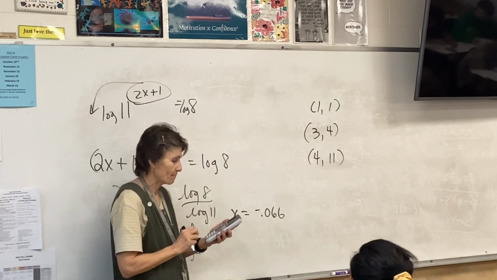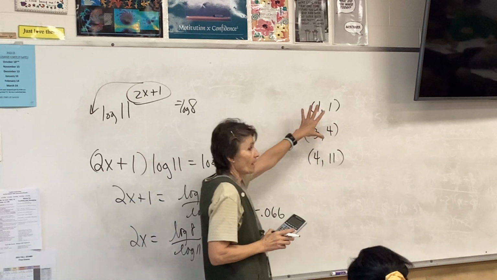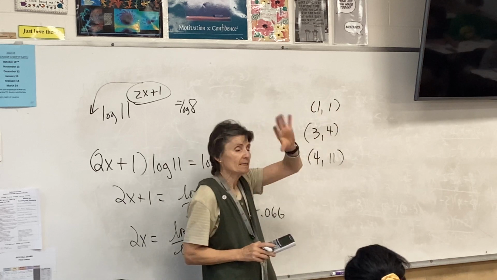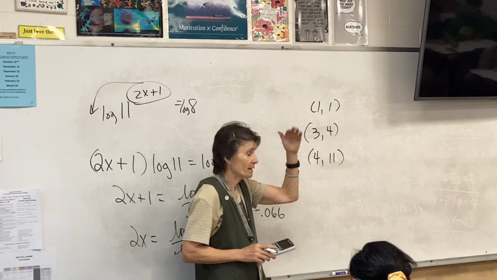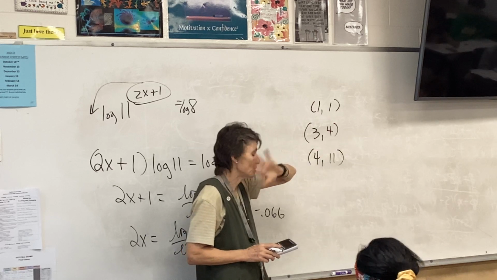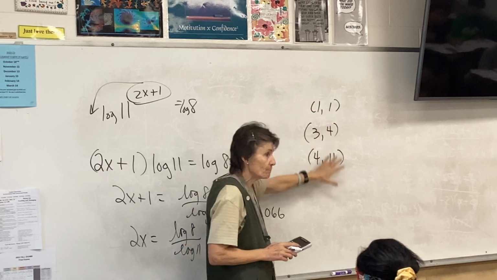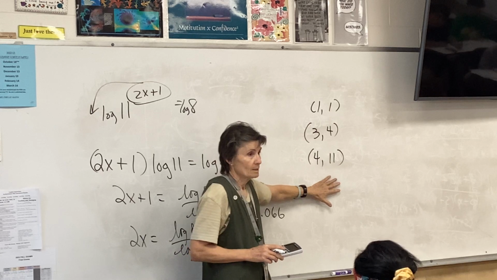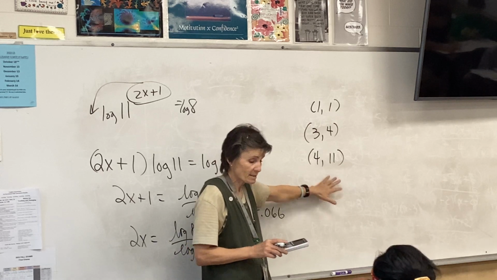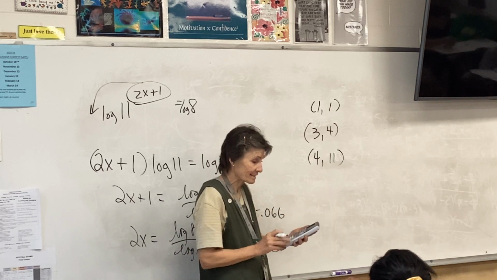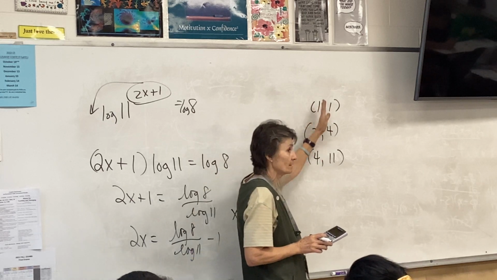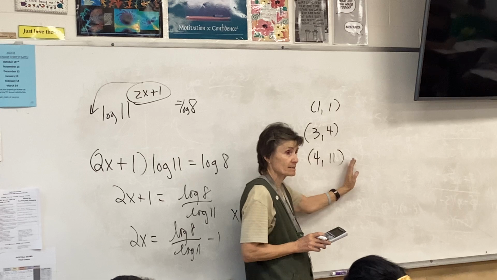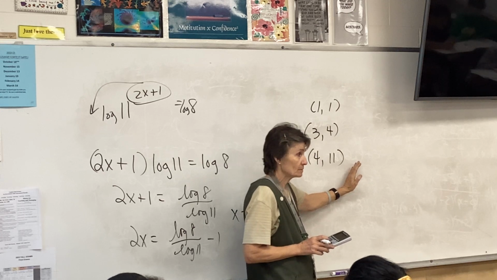Alright, so what does that mean? Anytime it says regression, whether it's cubic, exponential, whatever kind of regression you're doing, you need points, right? Because the points are going into stat edit. They're going in as list 1 and list 2.